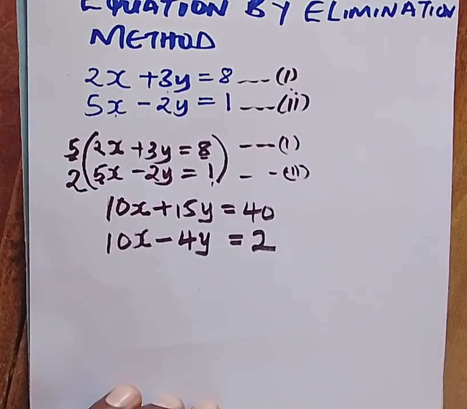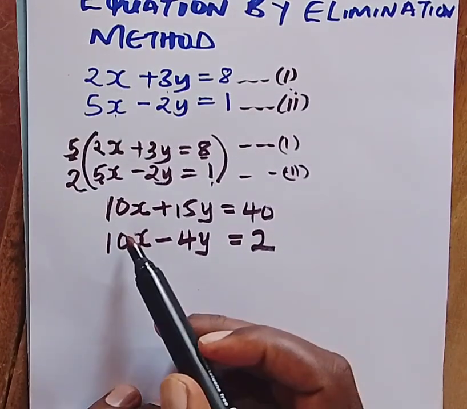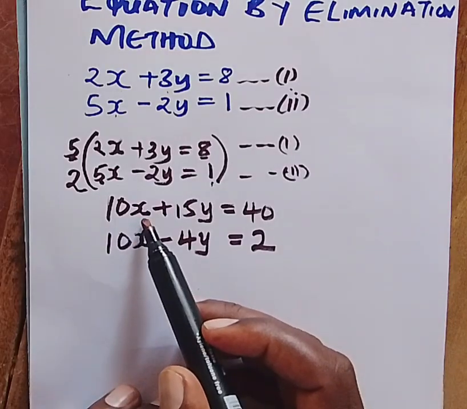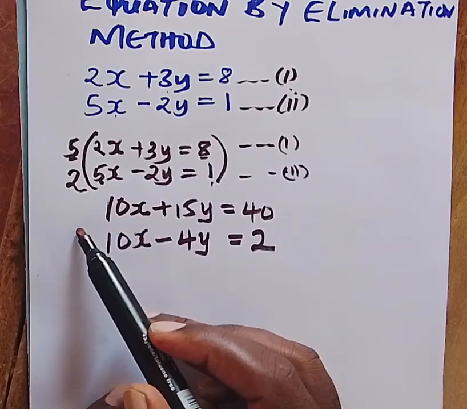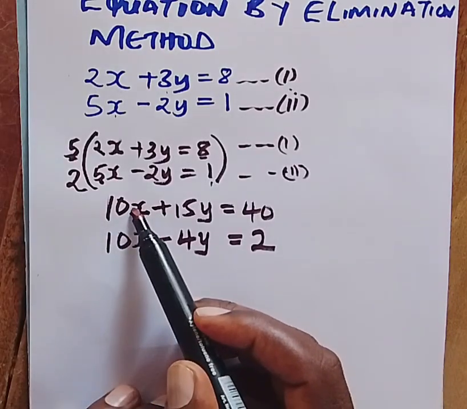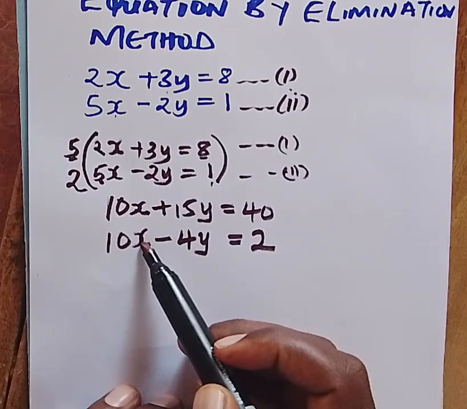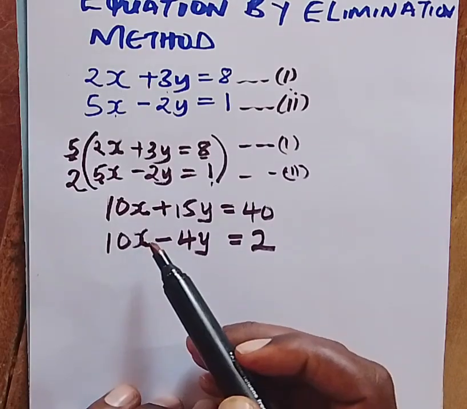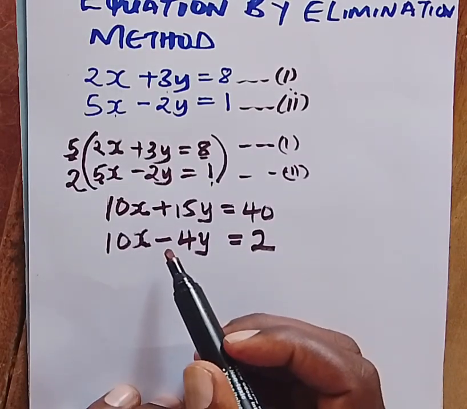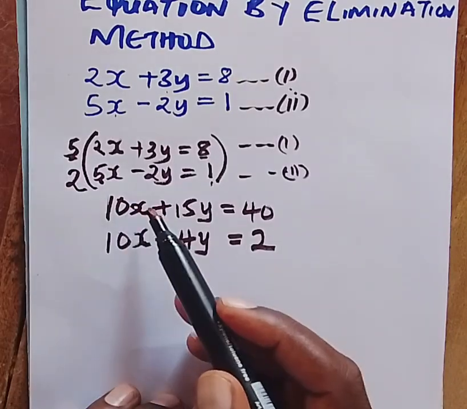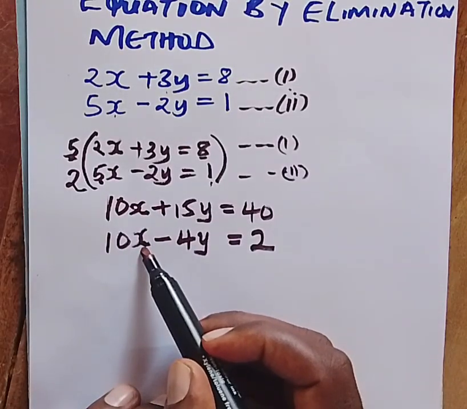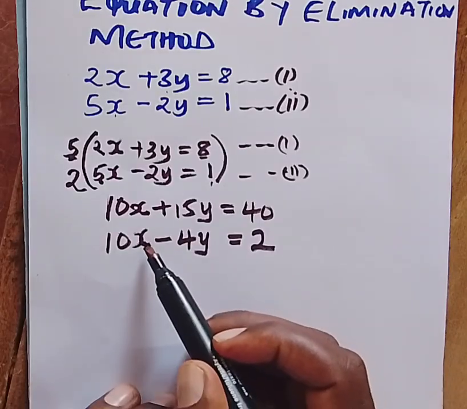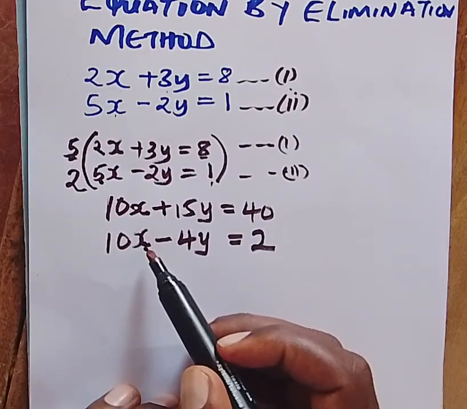So I start with addition: 10x plus 10x is 20x. So addition cannot eliminate. You go to the next operation, which is subtraction. If I say 10x minus 10x, I get 0. In that way, I will have eliminated x.